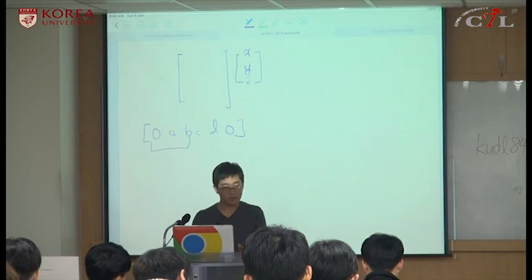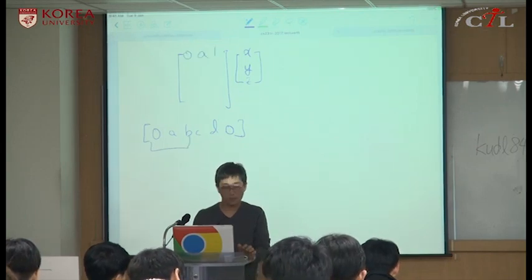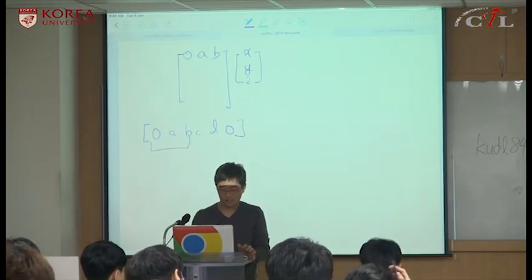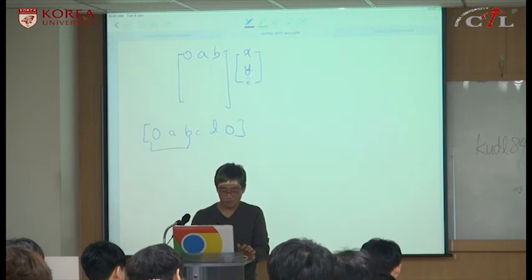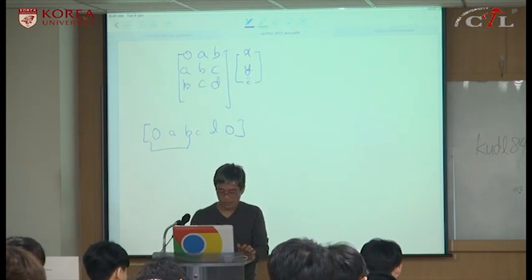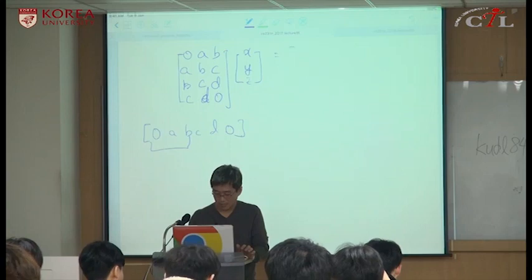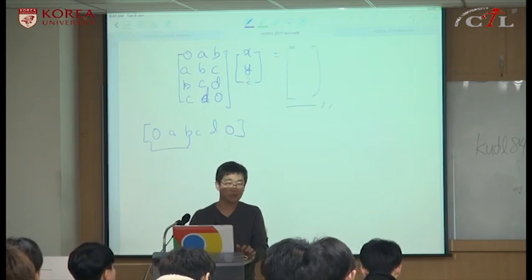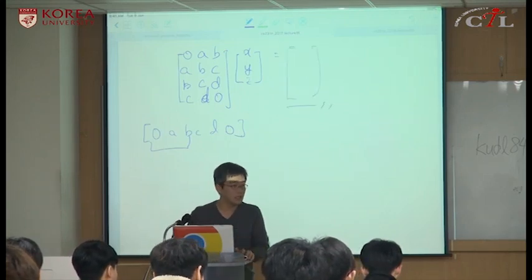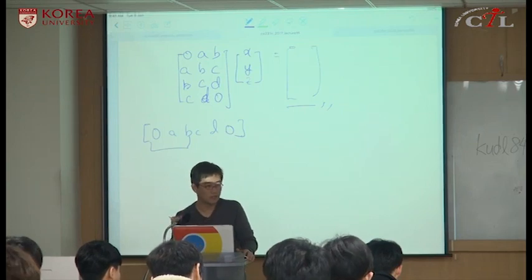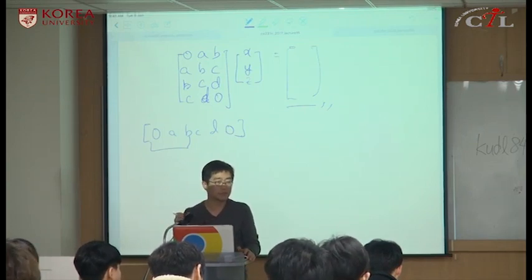It will be this guy, right? 0, A, B, right? And what about the second row? A, B, C, B, C, D, C, D, 0, right? So in that case, this result will be exactly the same as the convolution output.